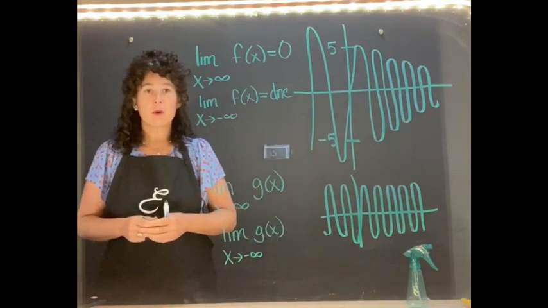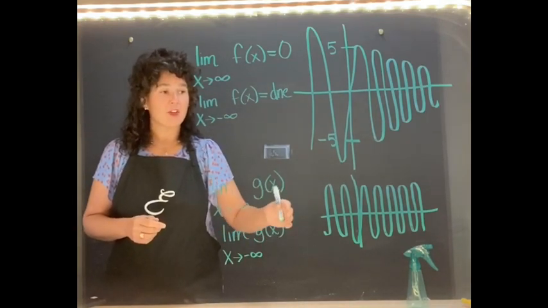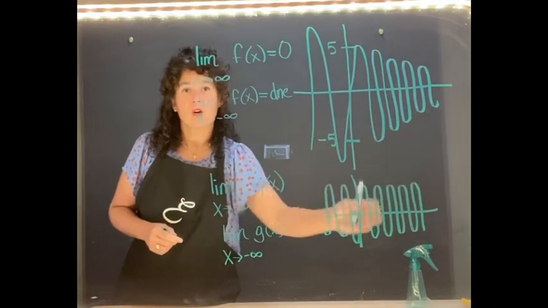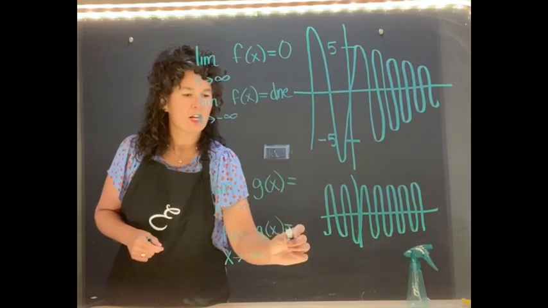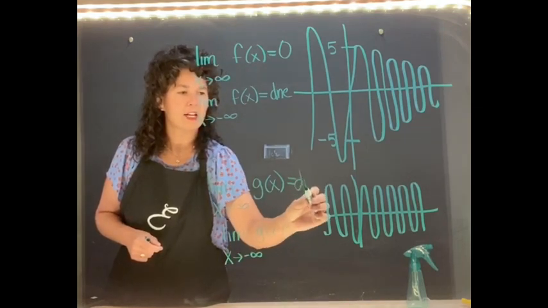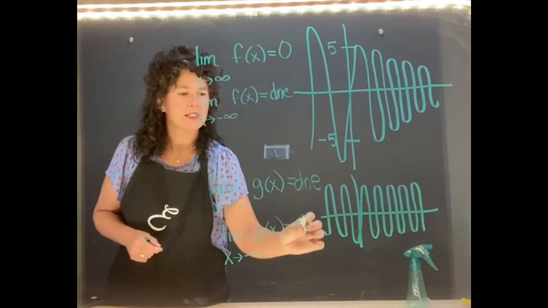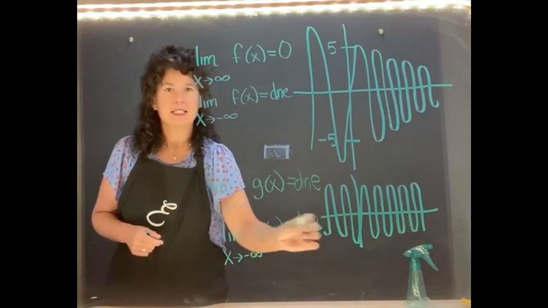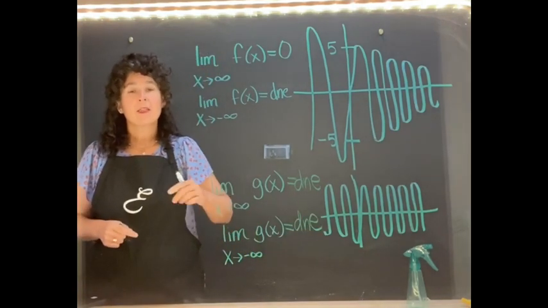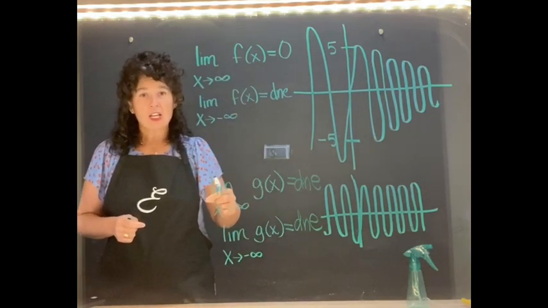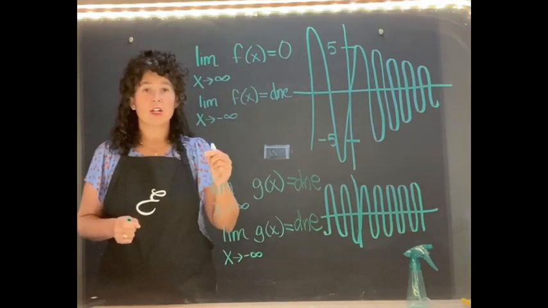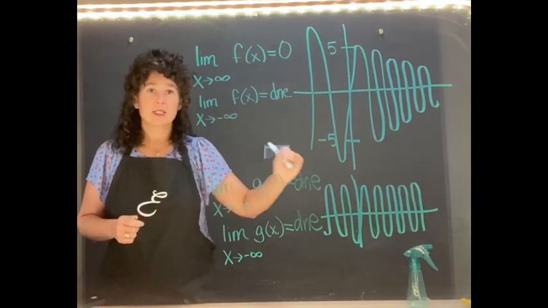So since we're not approaching the same value, whether we're going to the right or to the left, the answer as x goes to infinity or to -infinity would be does not exist. So the takeaway is limits can exist at oscillating functions as long as they are oscillating closer and closer to a specific number.